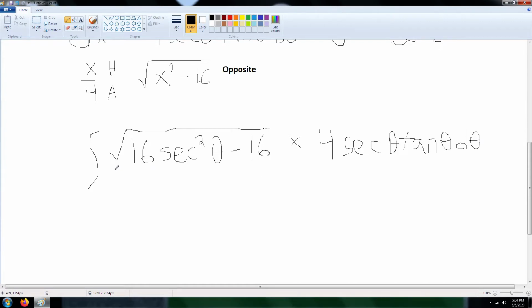And then remember all this, and remember what x cubed is, right? So this is going to be 64 secant cubed theta. Alright?